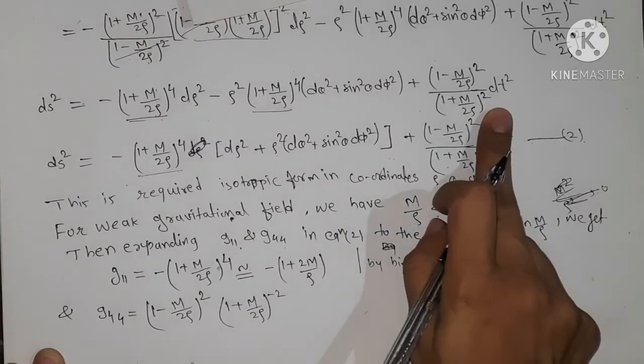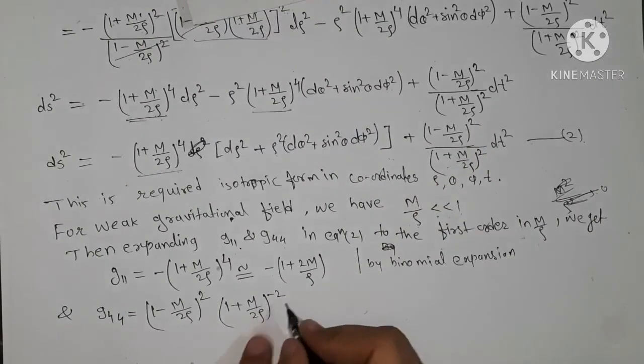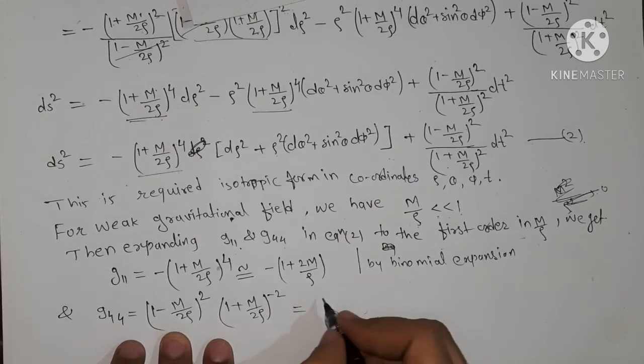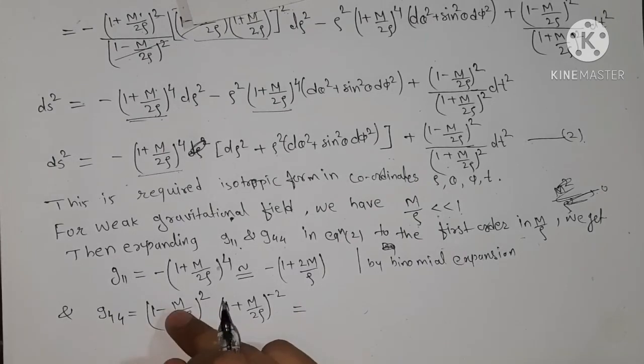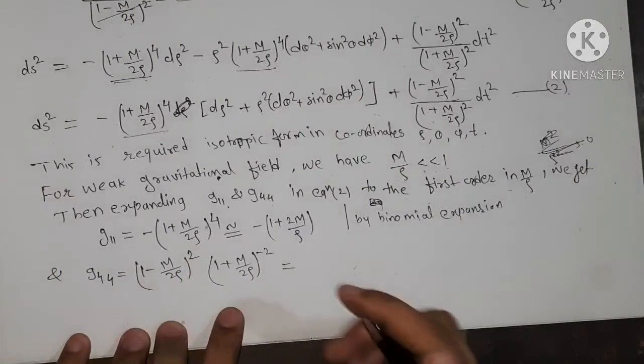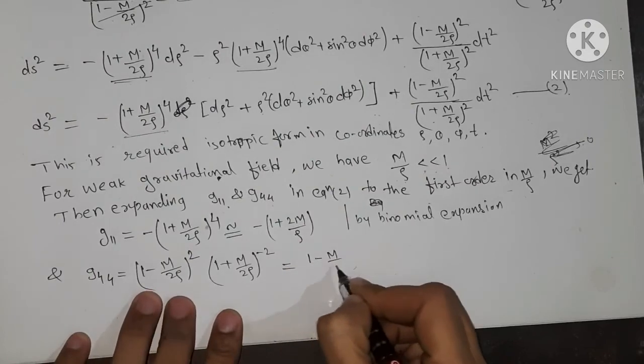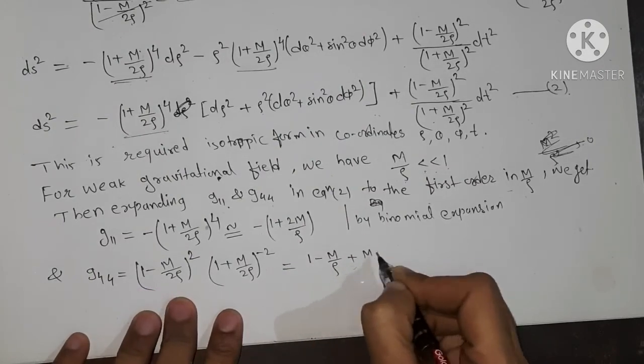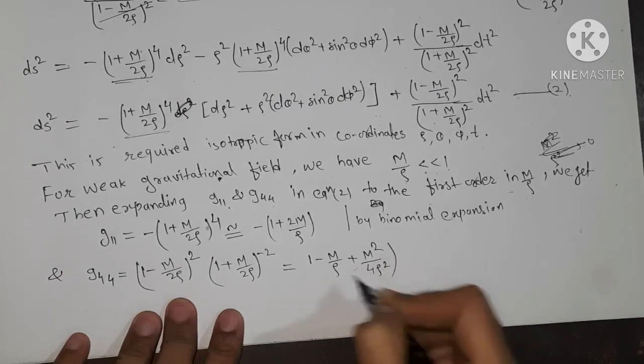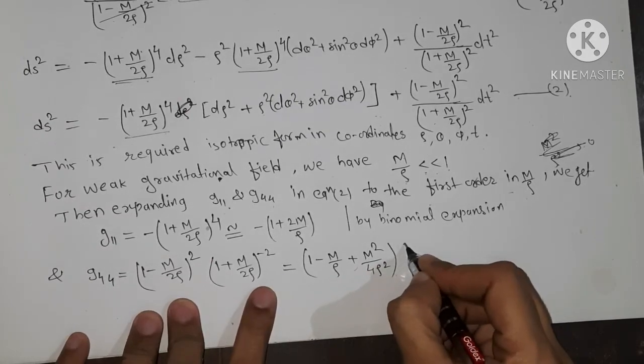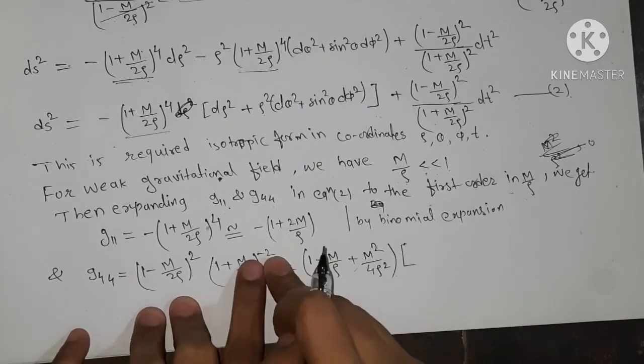So this 2 goes to the numerator, we have minus 2, and now expanding this by the formula of a minus b whole square, 1 minus m upon rho plus m square upon 4 rho square in bracket, again expanding this whole square.